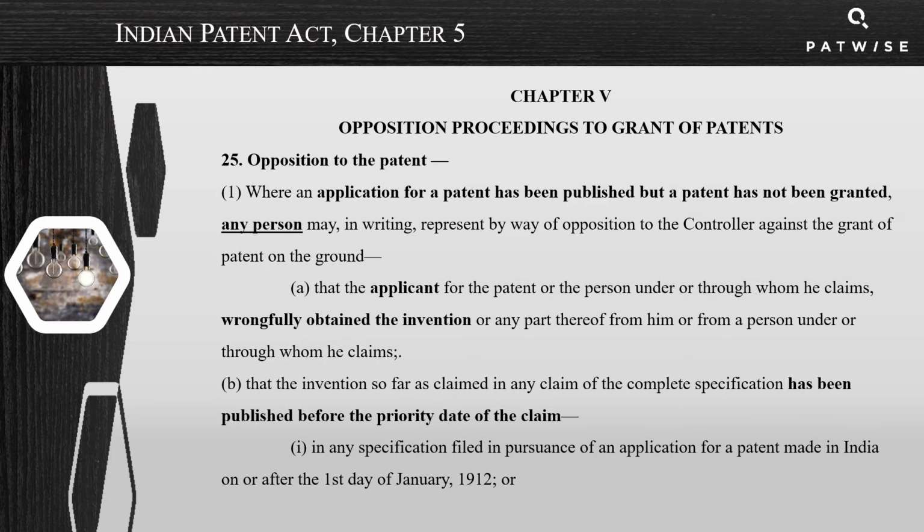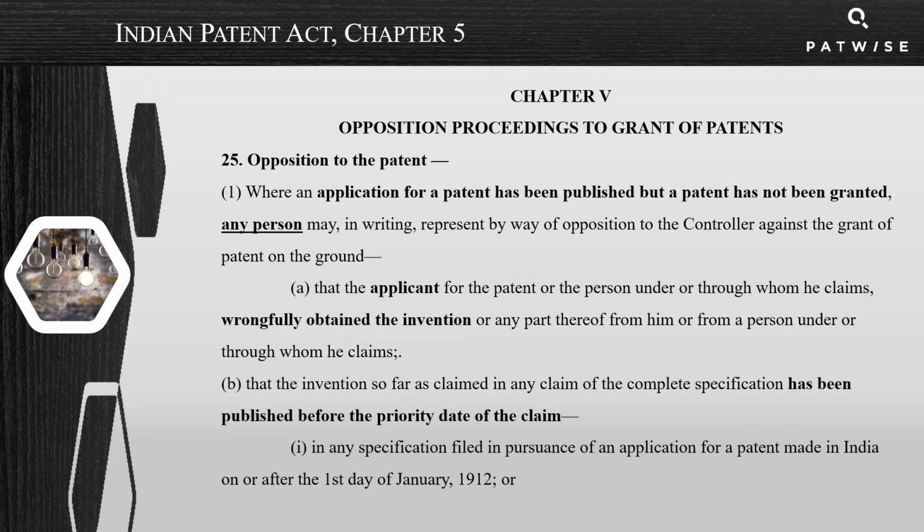Whereas a post-grant opposition has to be filed within 1 year from the date of grant of patent, and it has to be filed by an interested person. So I have to be a person from the same industry related to the invention, and only then can I apply for a post-grant opposition.